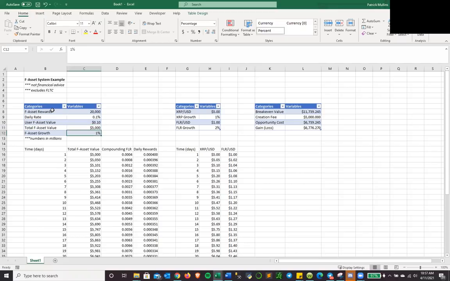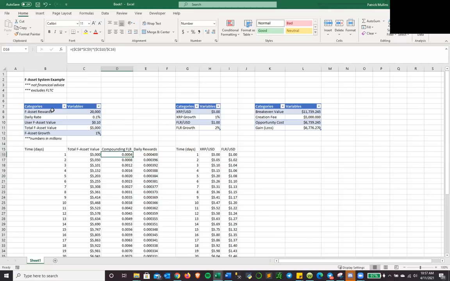And then we're also going to say that the total F asset value growth is 1% daily moving forward. So you can see here, this is going to calculate your compounding Spark rewards over time, and also calculate what the exact daily reward is. As this total F asset value grows while yours isn't, you can see your reward is going to decrease over time.